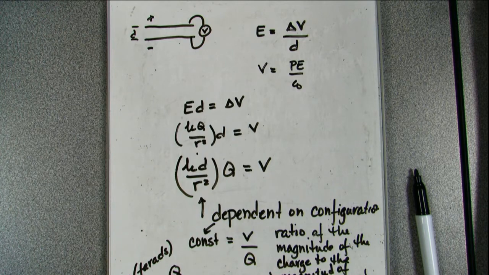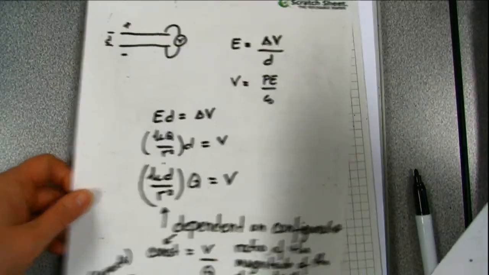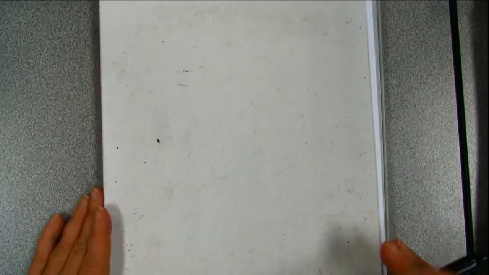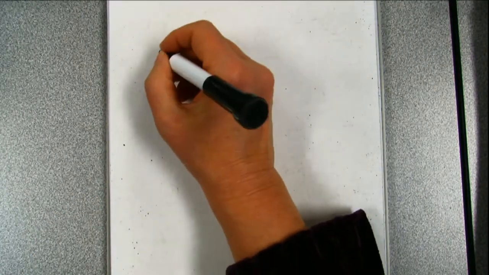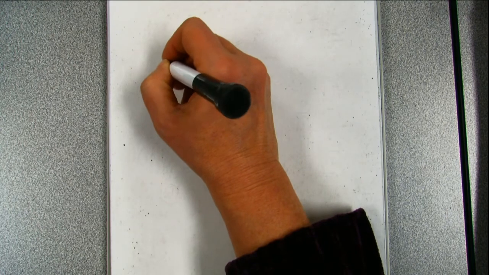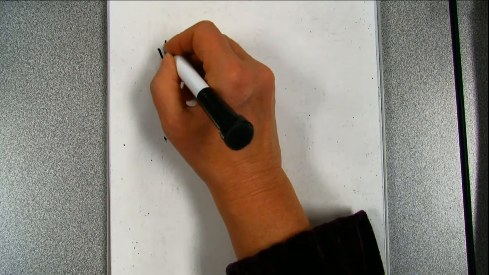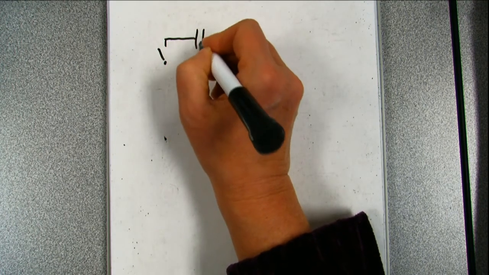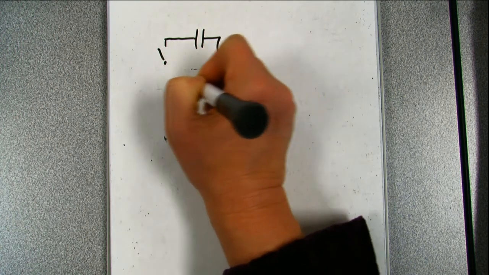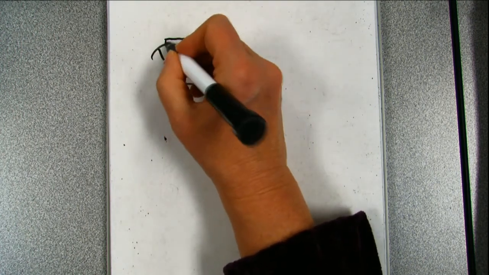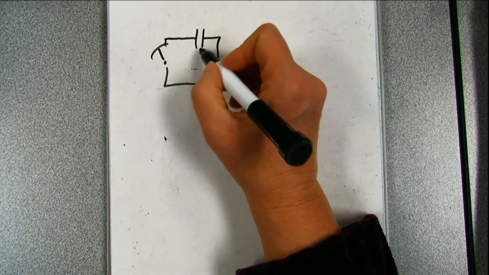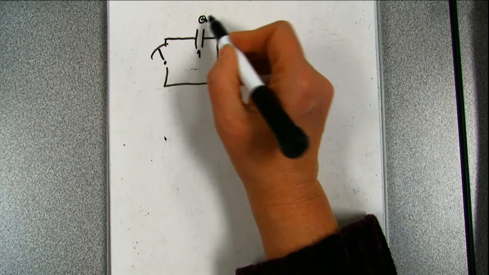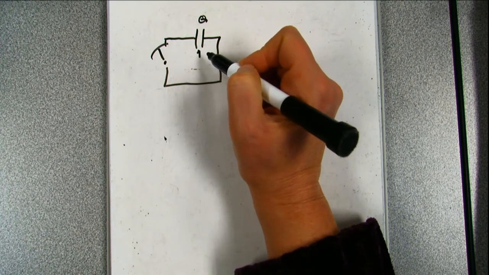So we have capacitors, and the reason I bring up the flash bulb is because when I deal with my circuit, and what we'll end up seeing is if I close my circuit, we charge the capacitor. Before things can flow in my circuit, I have to put charge in my capacitor, and it's going to take a little bit of time.